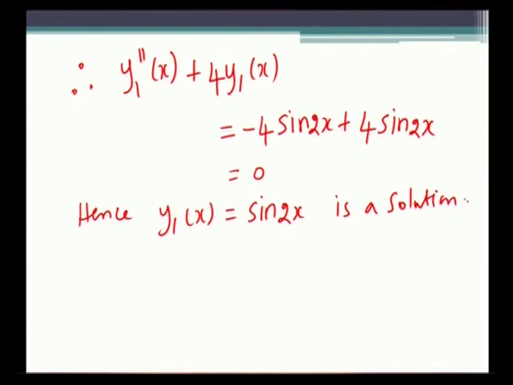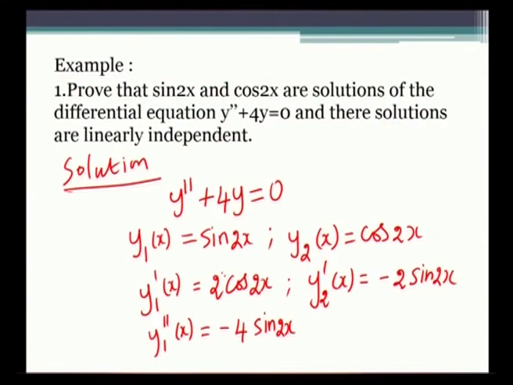So, to prove the given function is a solution, we need to substitute it in the given equation. If that equation is satisfied, then the assumed function is a solution. Similarly, we can prove that y2 of x is a solution. We know the value of y2 prime of x and y2 double prime of x. y2 double prime of x is equal to minus 2 into 2 cos 2x, which is equal to minus 4 cos 2x.